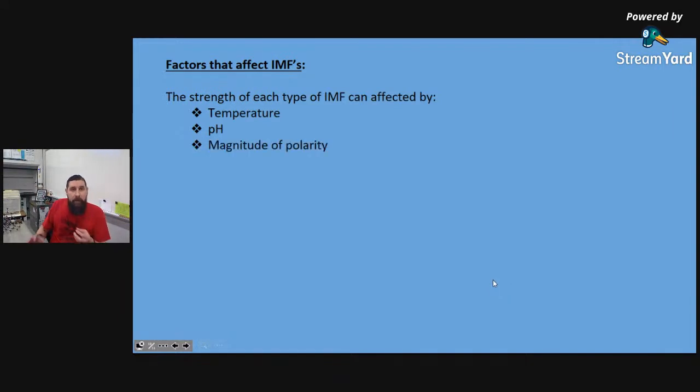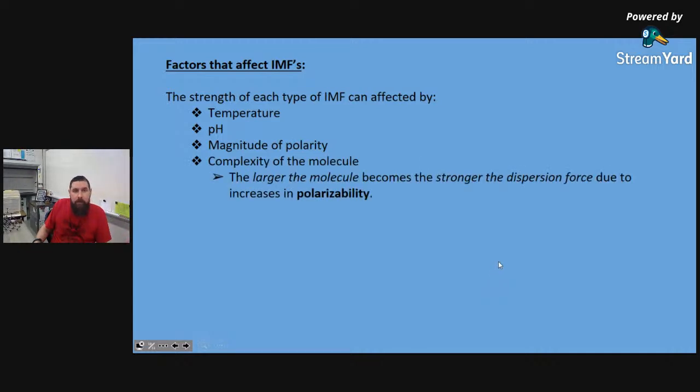Magnitude of polarity. The more polar a molecule is, the stronger the dipole-dipole interaction can be, or the stronger the induced dipole that it can end up causing with another molecule. And then lastly, the complexity of the molecule. What we have found is that the larger the molecule, the stronger the LDF, the London dispersion force.